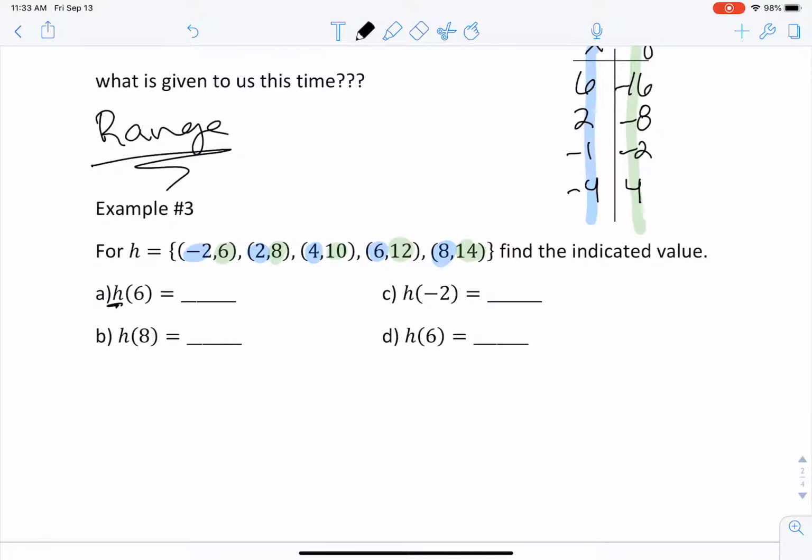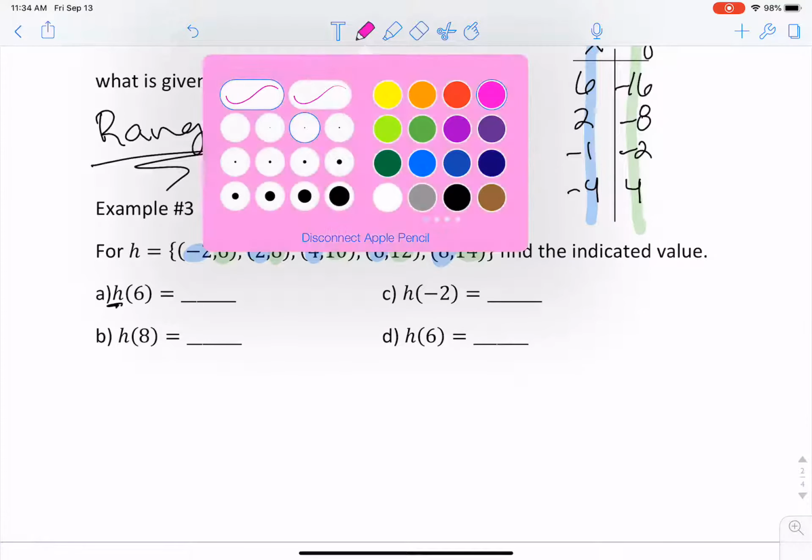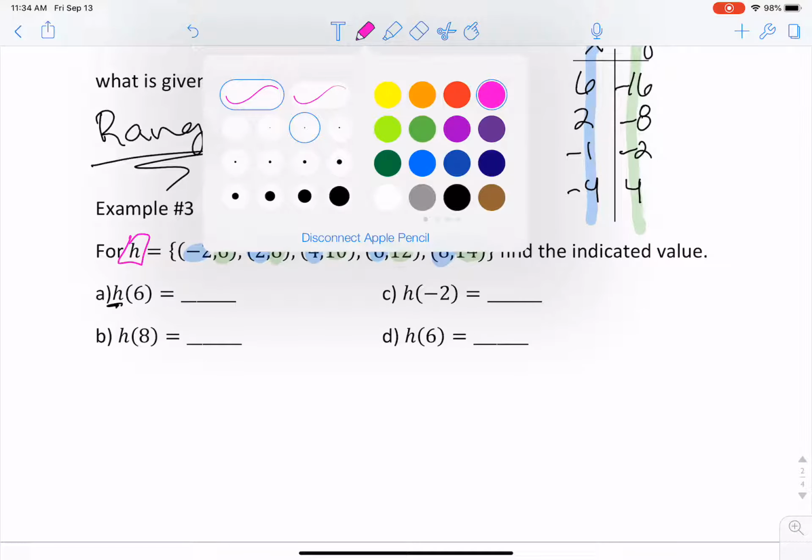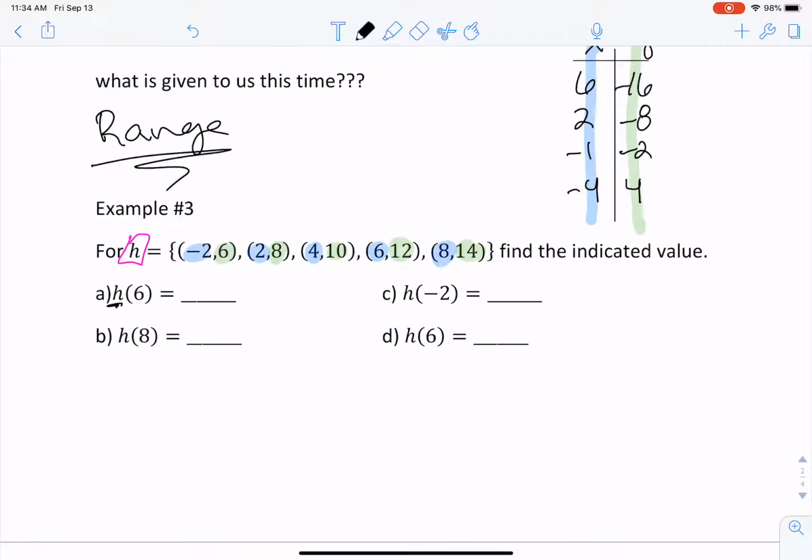So this is function notation. This h of 6 is how we read it properly. But the way I want you guys to think of it is the function is h. They didn't give us what the rule is, they just gave us the name. So the function h when x is 6.